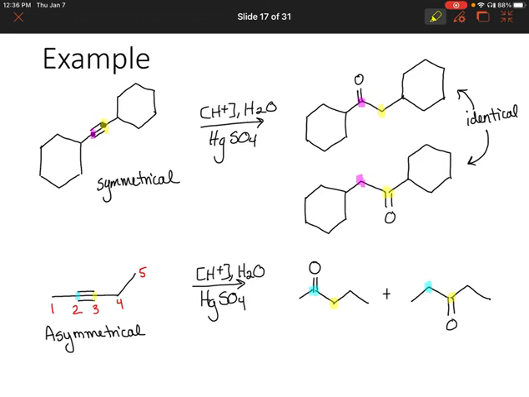So they can't be enantiomers or diastereomers. And I'm noticing that the connectivity is different. So on the first product, we have a double bond to oxygen on the second carbon, but in the other product, we have a double bond to oxygen on the third carbon. So these have a different connectivity. So they must be constitutional isomers.